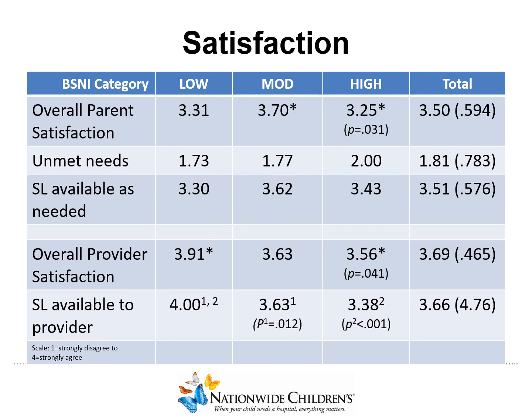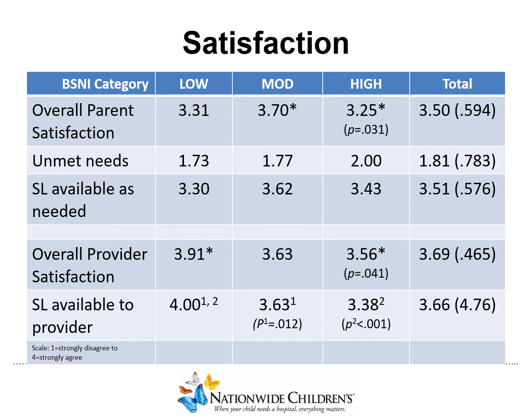So low need was the highest, and high need had the lowest overall provider satisfaction. And again, it may very well be that providers see more needs in this group and see more residual need, and so that impacted their satisfaction there.